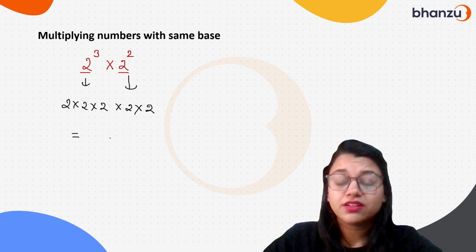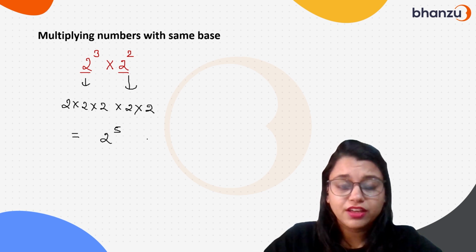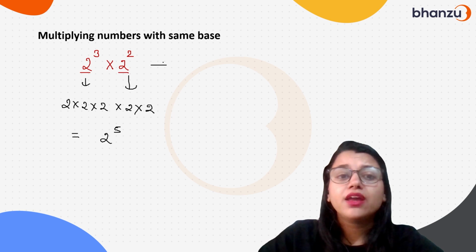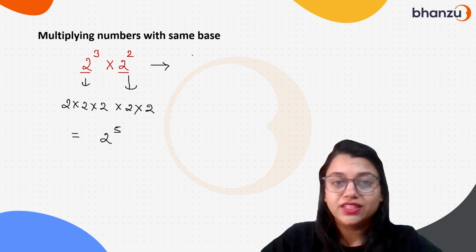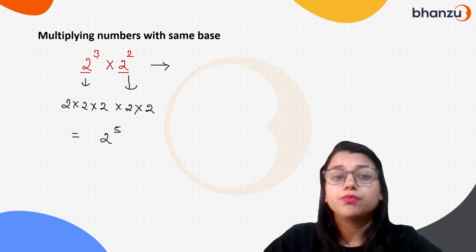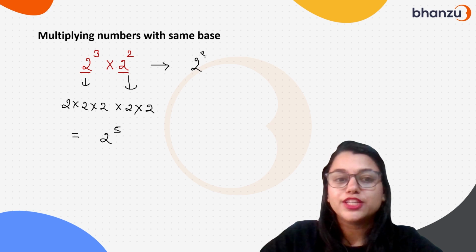So I can represent it in the form of an exponent, that is 2 raised to the power 5, right? So can I say that when we are multiplying numbers with the same base, we can add the exponents? It means 2 raised to the power 3 into 2 raised to the power 2 can be written as 2 raised to the power 3 plus 2. So it will become 2 raised to the power 5.